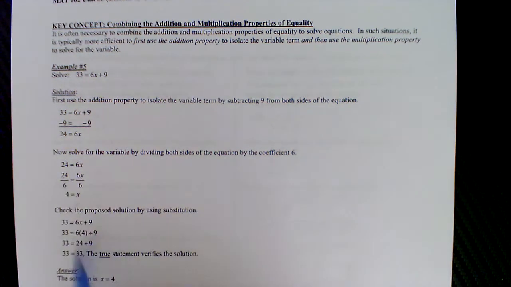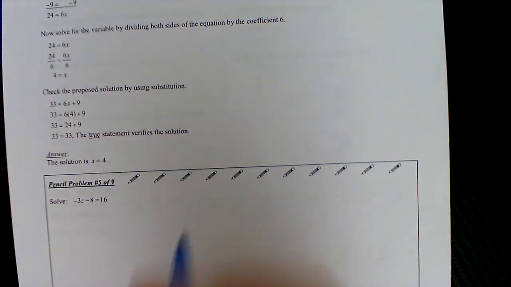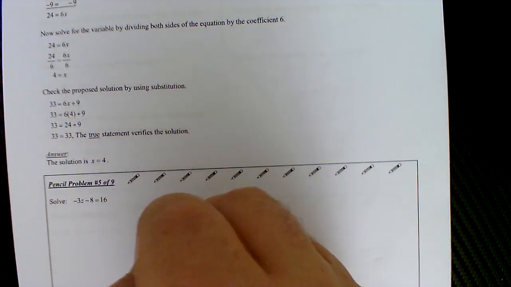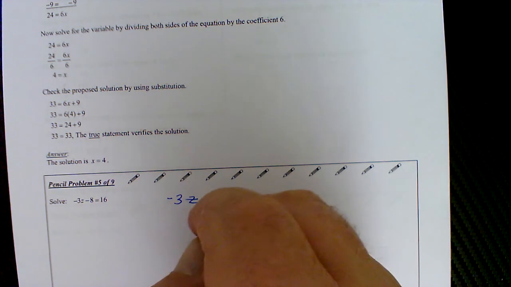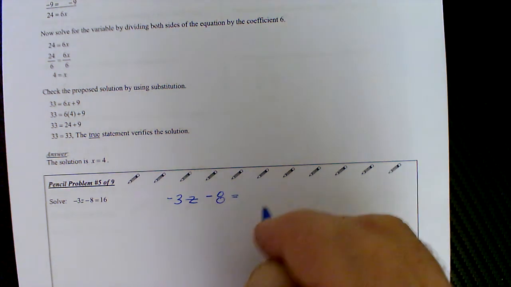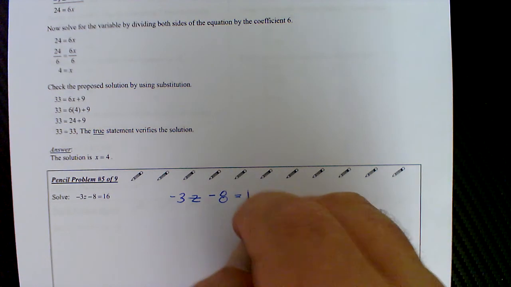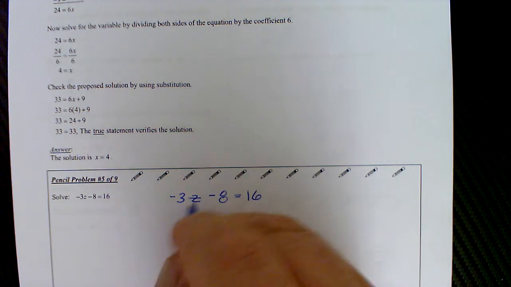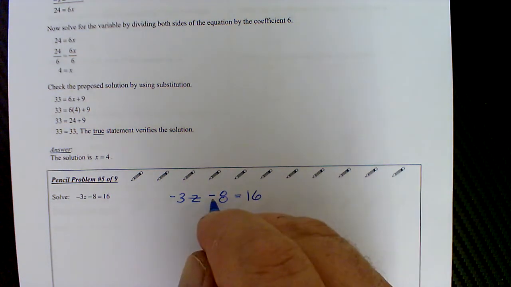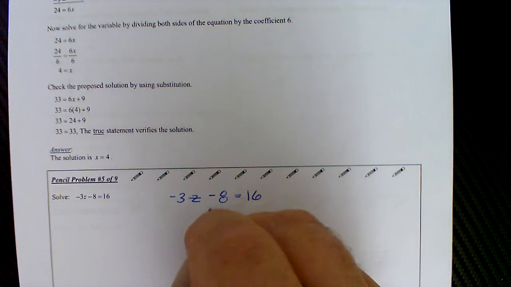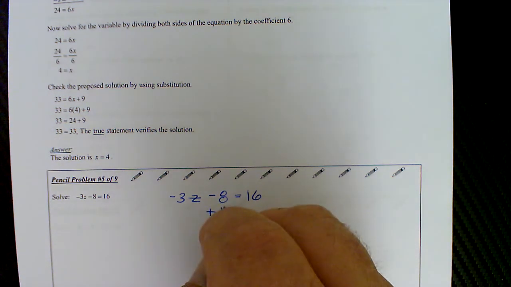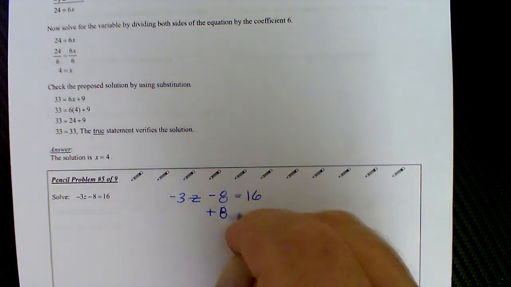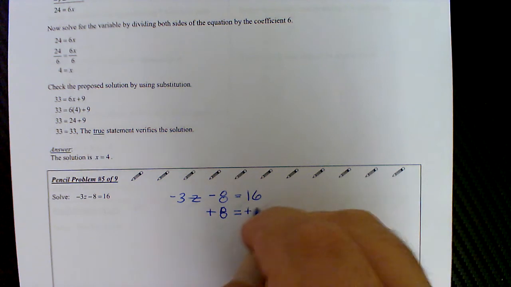So I'll recopy, negative 3z minus 8 equals 16. Okay, so you want to isolate the variable first. So this negative 8 has to be undone by adding the opposite, or plus 8. Line up the equals, show plus 8 to the right side as well.